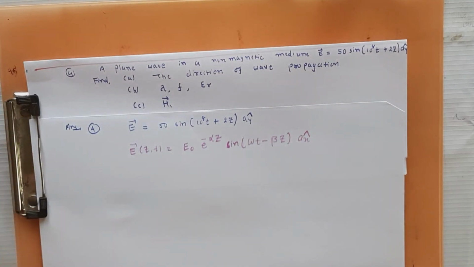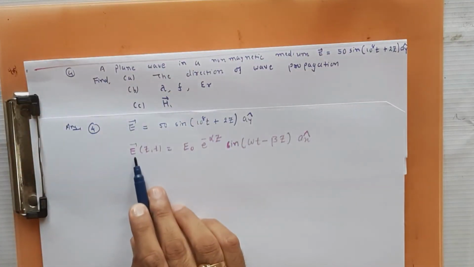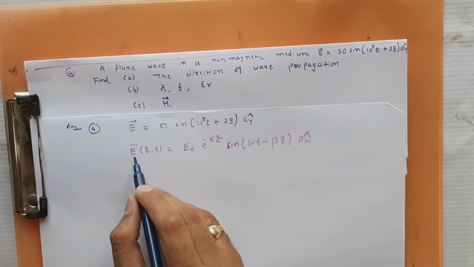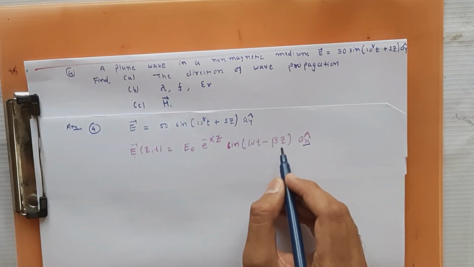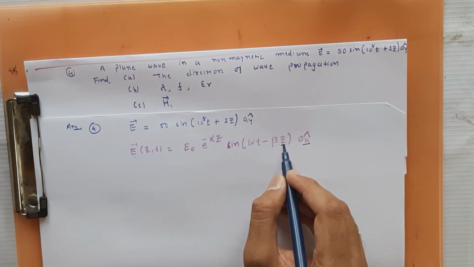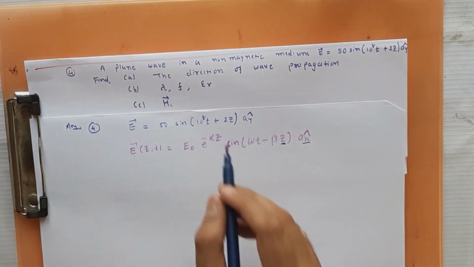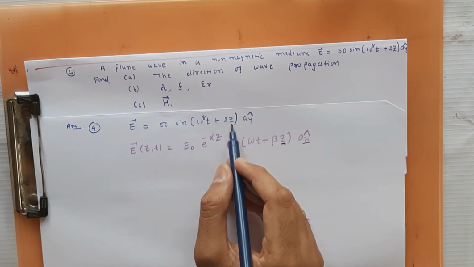From this equation we can say the direction of electric field is X direction, and the propagation direction is positive Z direction, because here it is minus. If it is plus, the propagation direction is negative Z direction. So here plus 2z is present, that means the propagation direction is negative Z direction.